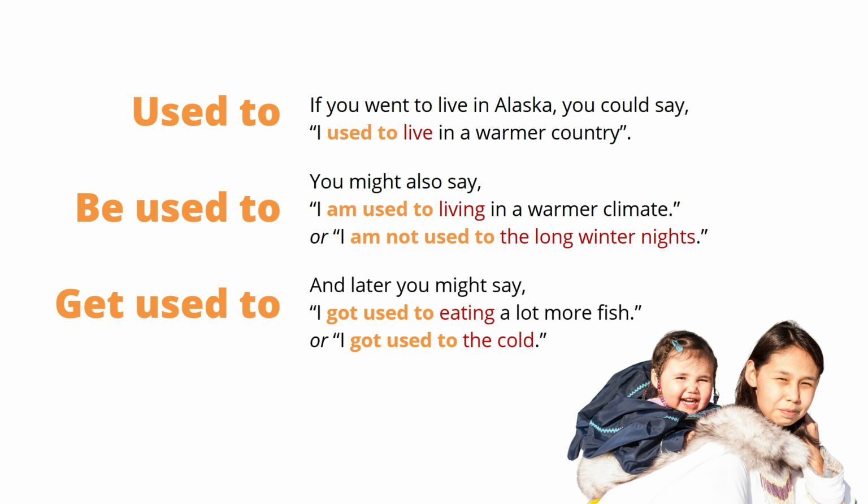Again, we've got the ing form of a verb, or we've got a noun, the cold. I got used to eating a lot more fish. I presume they eat a lot of fish in Alaska. And I got used to the cold. So that is used to, be used to, and get used to.